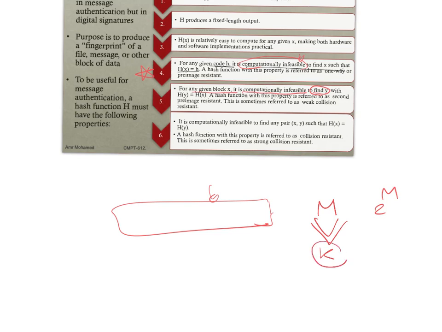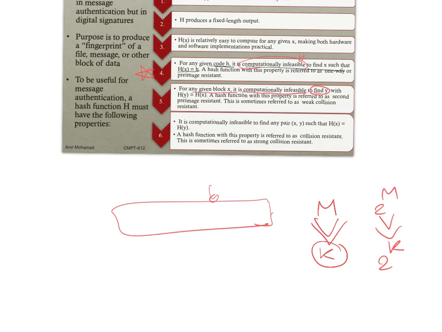So the number of combinations for the hashes is 2 to the power k, which is also very low compared to 2 to the power m, right? So you always have two messages that have the same hash. You always have that. But the idea is just to make this hard. If you have two messages that have the same hash, we call this a collision. So you always have collisions.